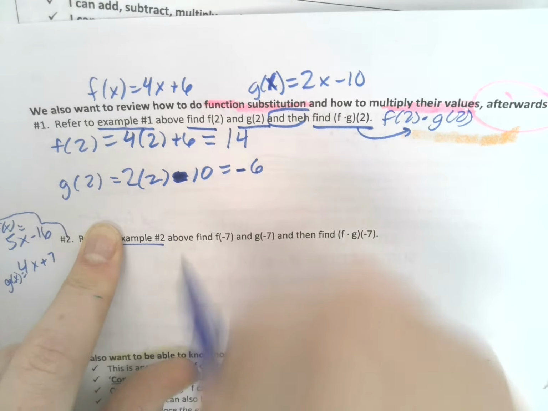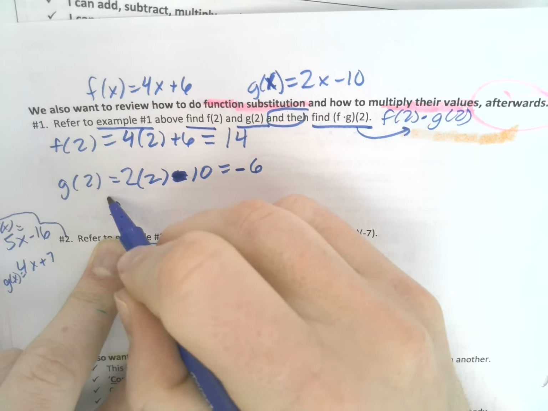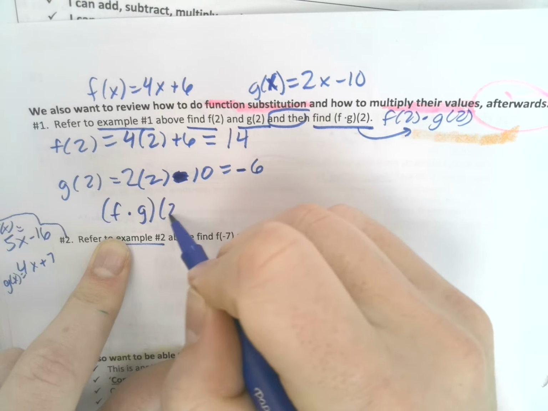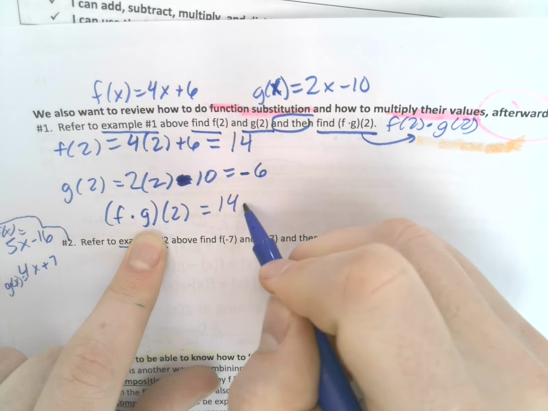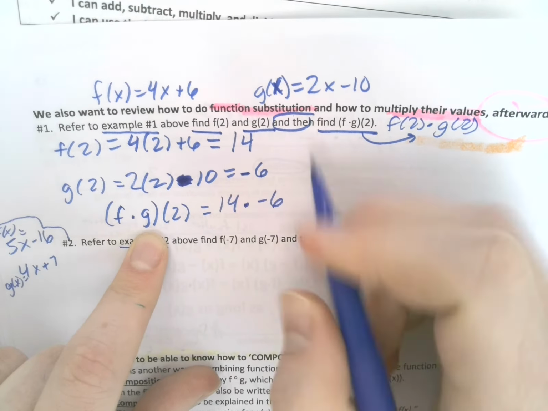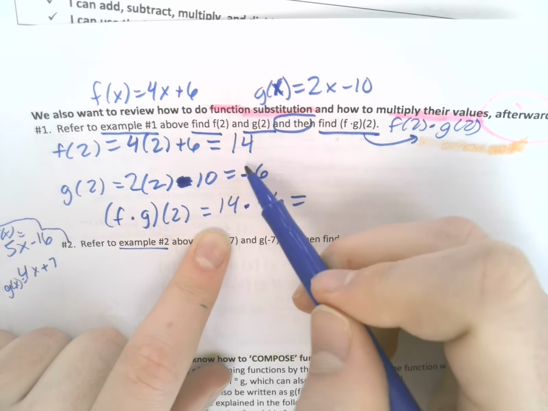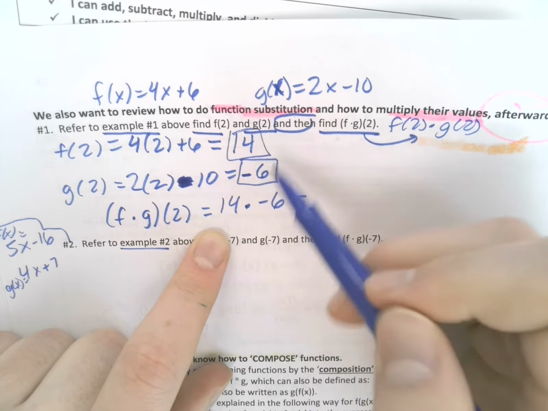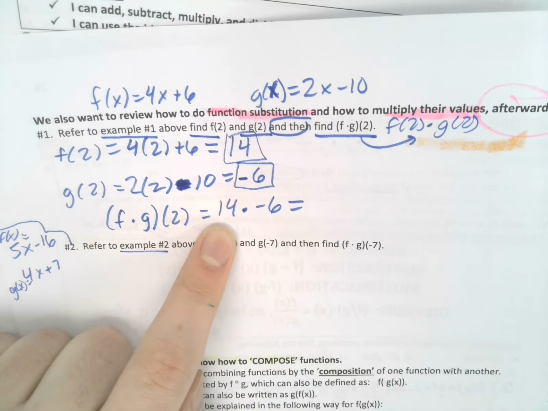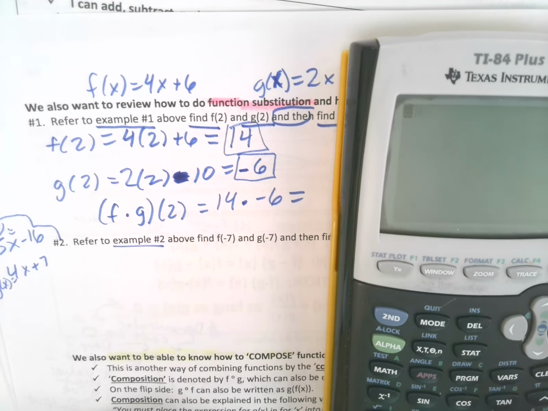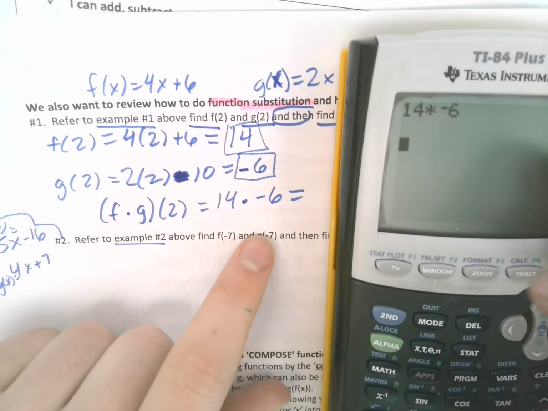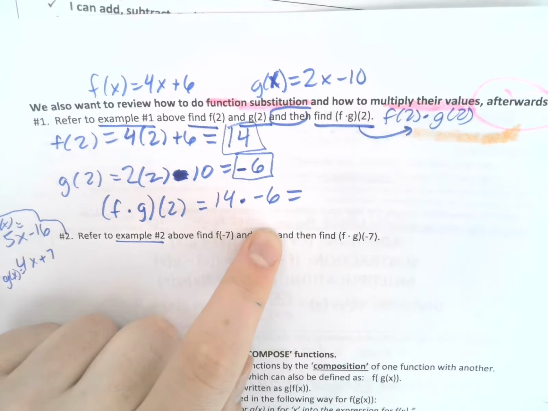So now we say, okay, f times g, when you've plugged in 2, is going to be 14 times negative 6. So we got one answer there, we got one answer there, and now using our calculator, 14 times negative 6, negative 84.